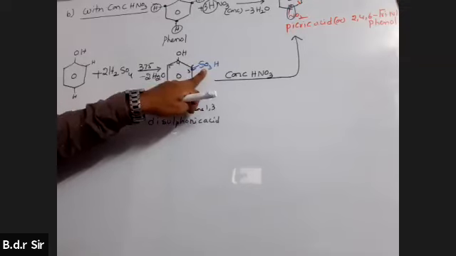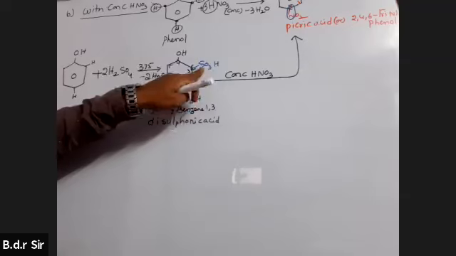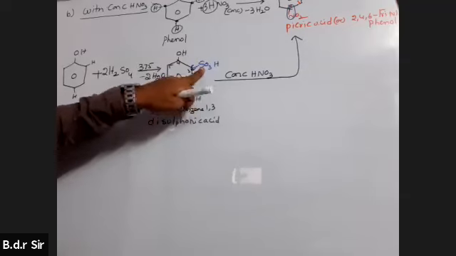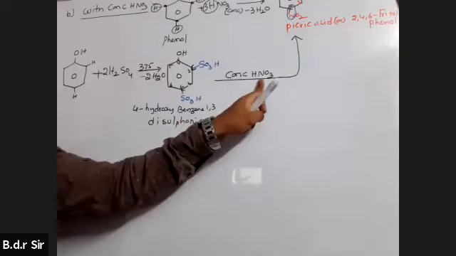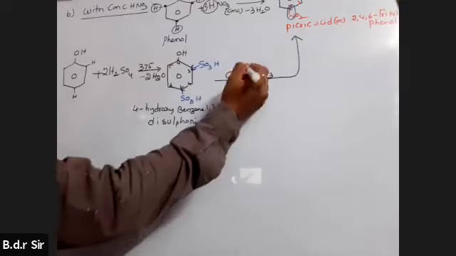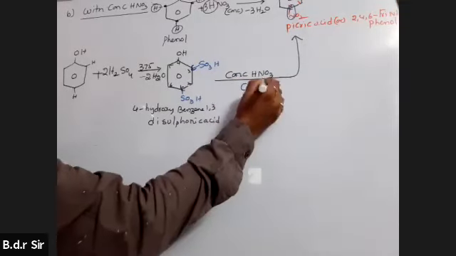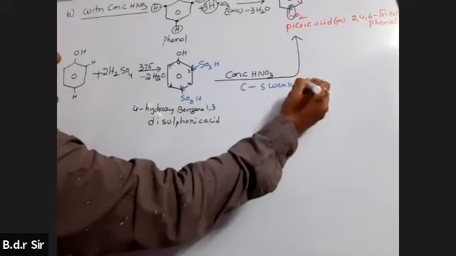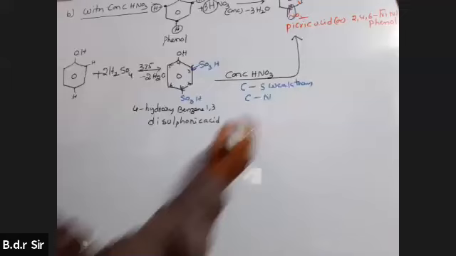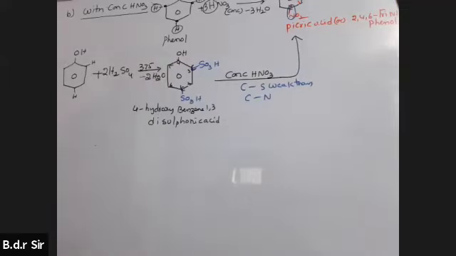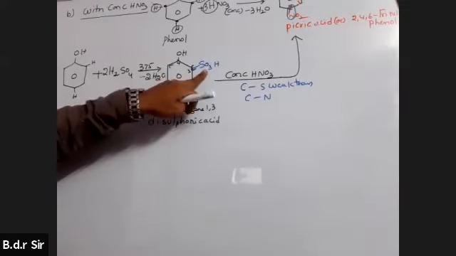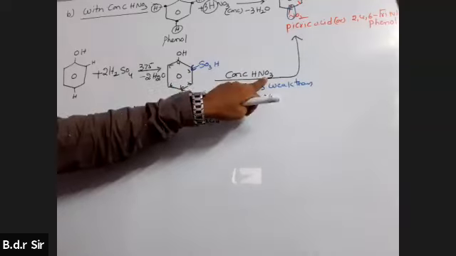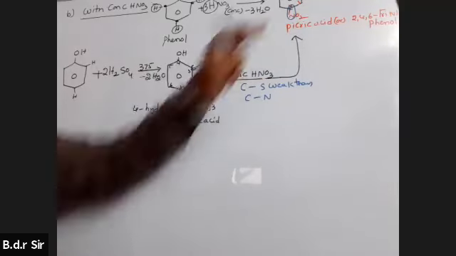Why, sir? Sulfur has a large atomic size, nitrogen has a small atomic size. That's why the carbon to sulfur bond is weaker compared to carbon to nitrogen. Hence, the SO3H group is easily removed by nitric acid to form picric acid.